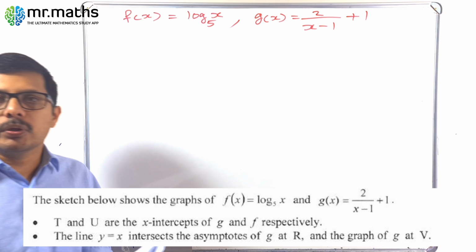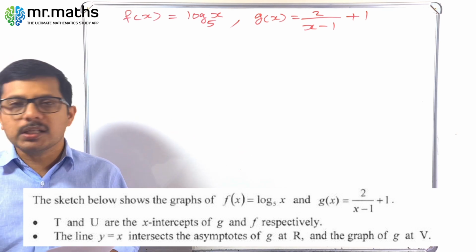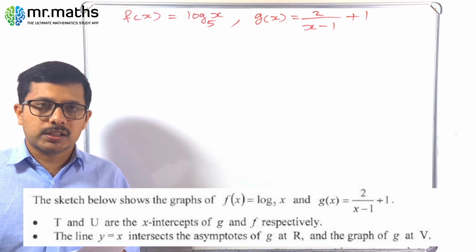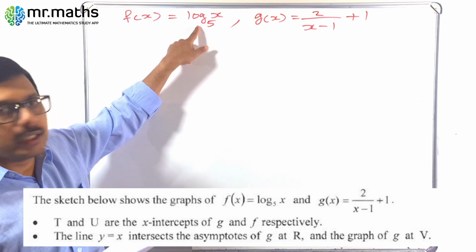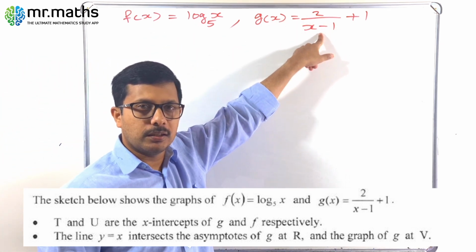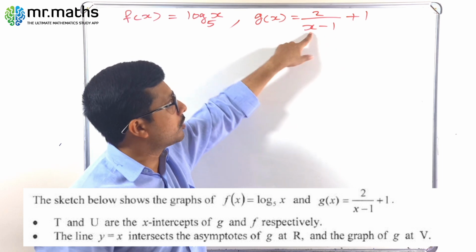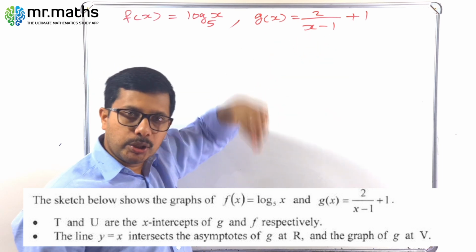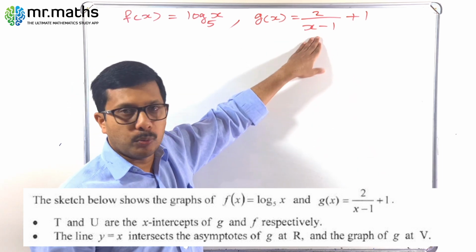So there are two equations given. One is f of x and the other one is g of x. F of x is a logarithmic graph and g of x is a, what type of graph is this? Hyperbolic graph, because the variable x is in the denominator.